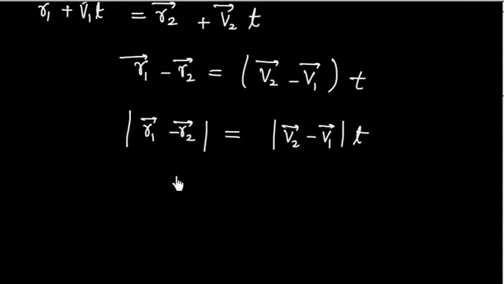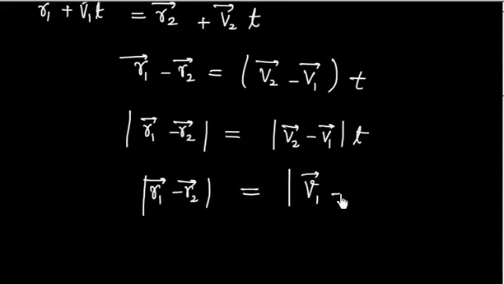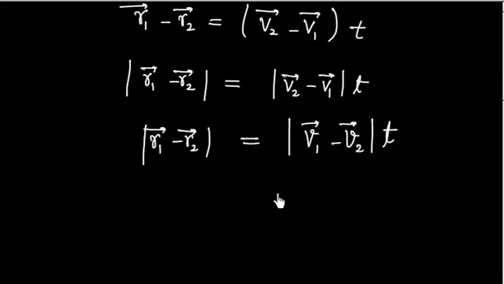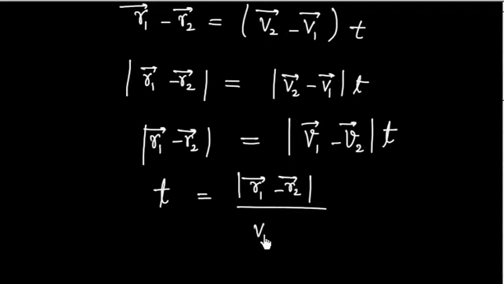One can write the same thing as mod of r1 minus r2 equals mod of (v1 minus v2) into t, because inside the mod the sign can be switched. So time is mod of r1 minus r2 divided by mod of v1 minus v2. Are you getting or not?